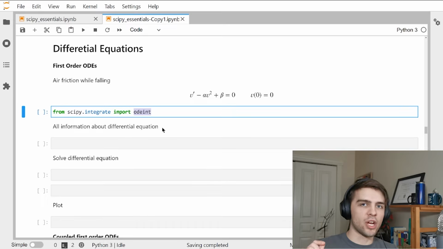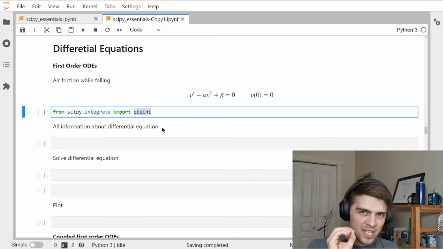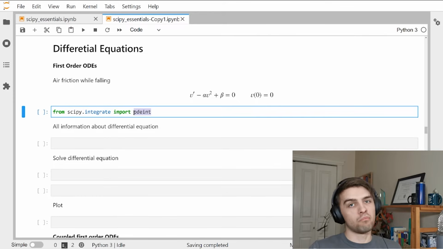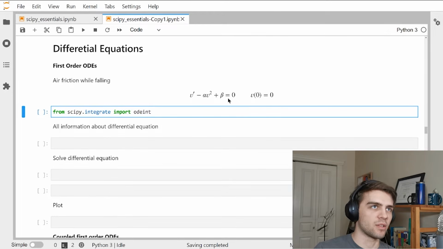For example, in my video about the orbit of 3 stars, because that was a chaotic system, I had to use a very specific solver known as DOP853 in the solve_ivp library because odeint couldn't handle it. But for most differential equations, the ones we're going to look at today, odeint can handle all of them.